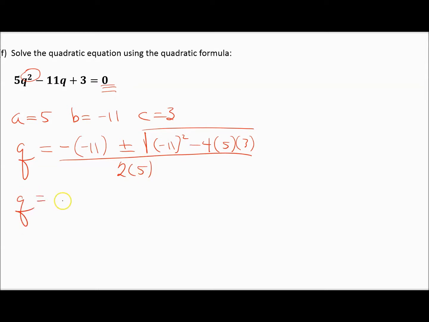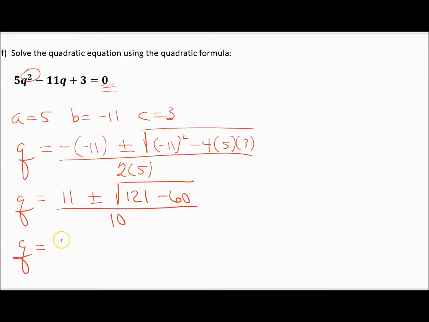My next plan is to simplify. The negative of a negative 11 is 11, but under the square root, negative 11 times negative 11 is a positive 121, and then 4 times 5 is 20, times 3 is 60. So we're going to subtract 60 from 121, and I also did 2 times 5 is 10.